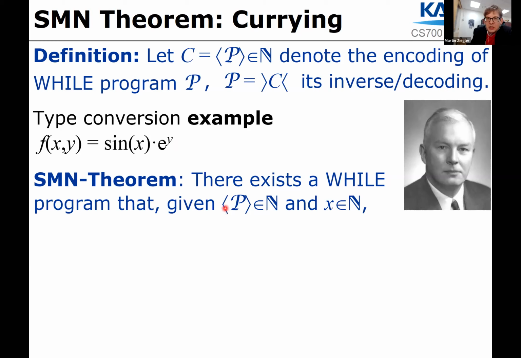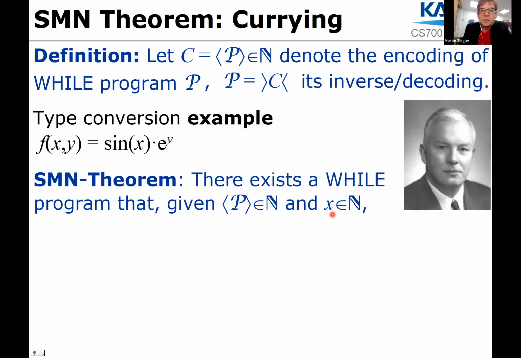So remember, this symbol means the code of, and this means the program. And the code of this program is a natural number. This program is supposed to compute a function of two arguments, and there's an input of one argument, namely x.